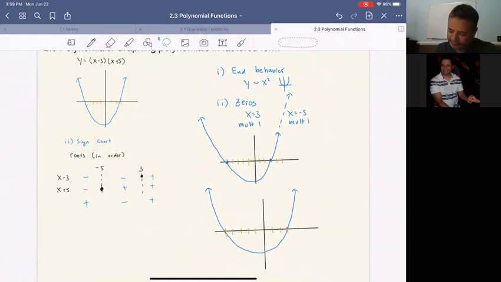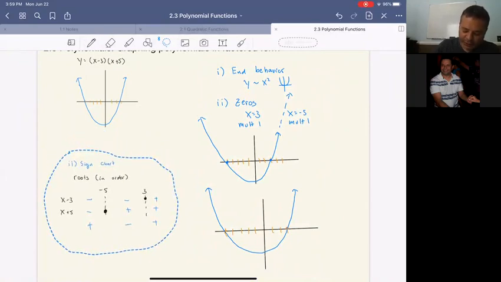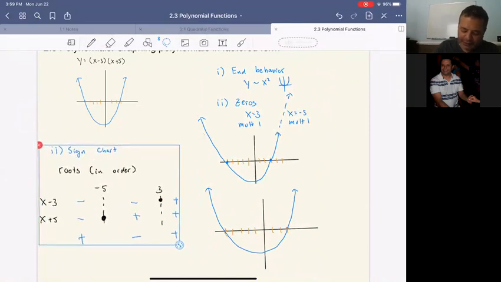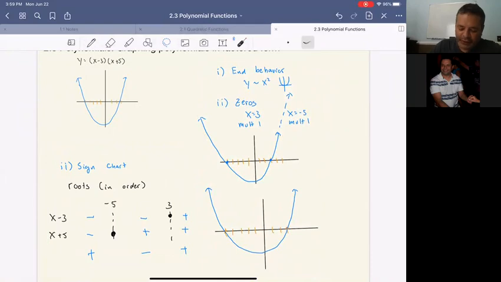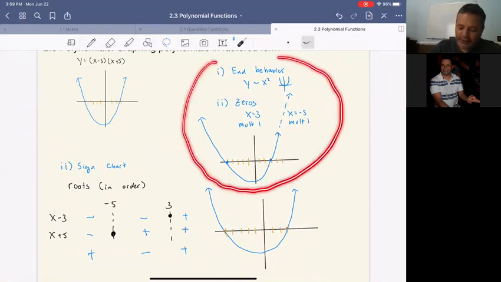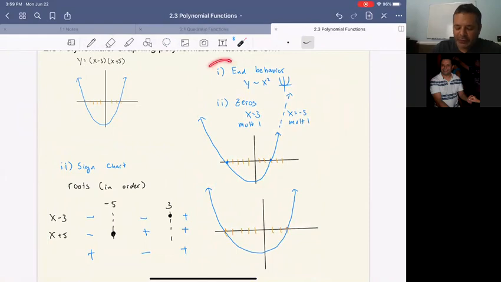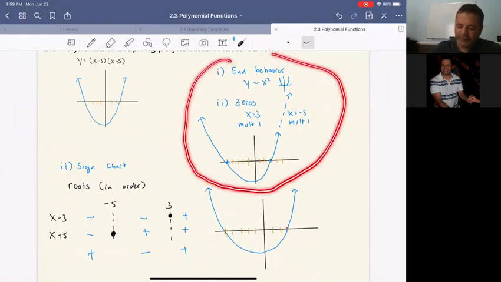So the benefits of the sign chart, while it may be a little harder for some people, once you get it, it is super fast and it's hard to screw up. This method is fine, but it requires you to graph the function.